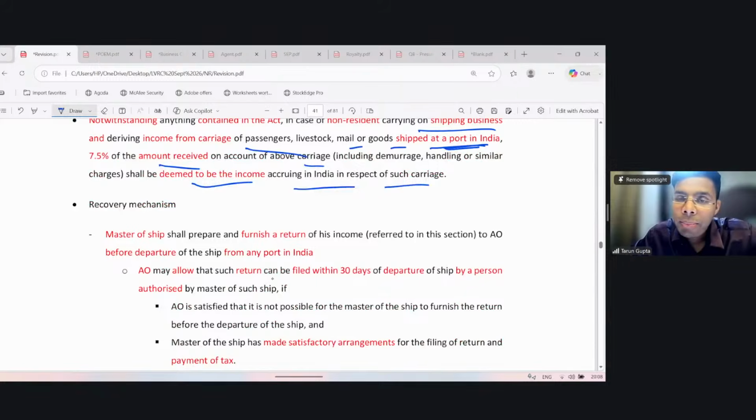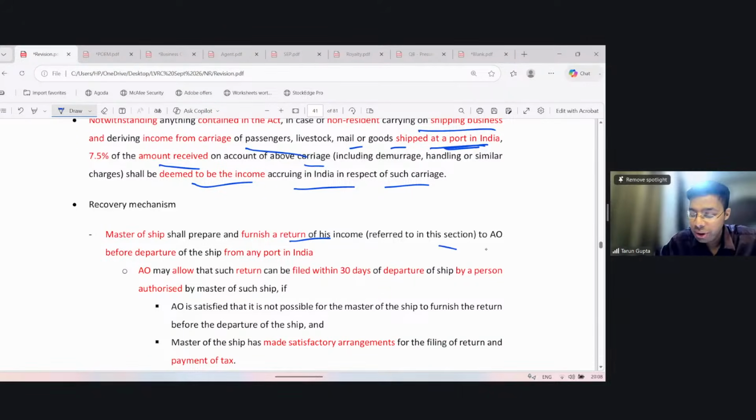What is the procedure of section 172? It says, master of the ship shall prepare and furnish a return of his income, referred to in this section, to assessing officer before departure of the ship from any port in India. So it's mandatory for a ship to first furnish a return.